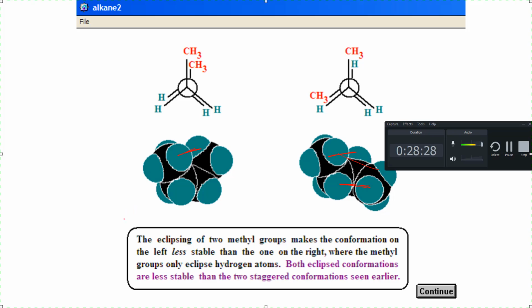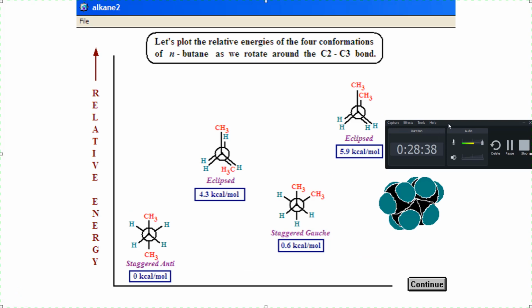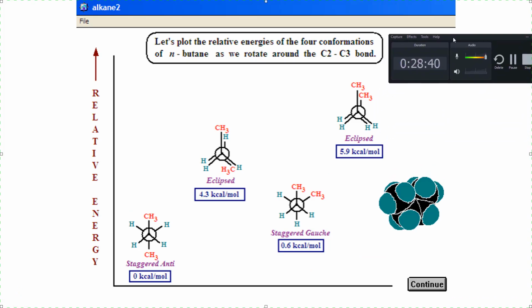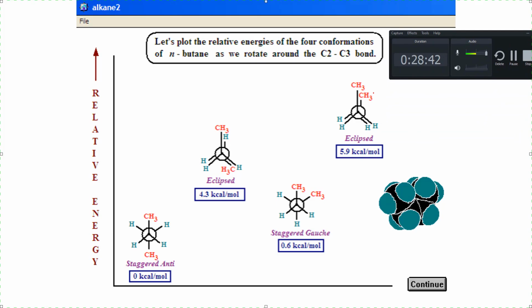The non-hydrogen groups, when they are gauche or eclipsing, make the molecule less stable. So we can draw a diagram here, and every book has a slightly different version of this, where I rotate around one of the carbon-carbon bonds. I'm going to rotate the back carbon with my methyl group.